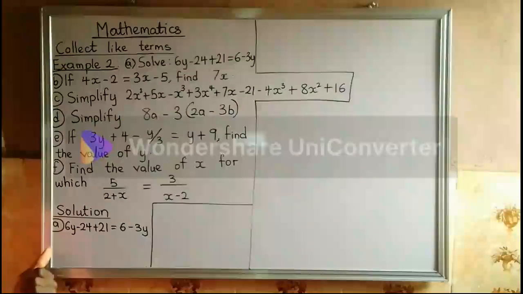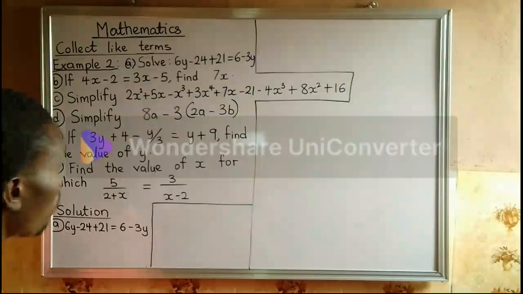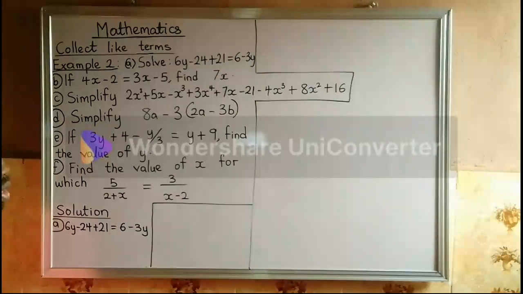Example 2a, the question says solve 6y minus 24 plus 21 equals 6 minus 3y. Is it right to apply the principle of collecting the like terms here, or should we start from dividing both sides by something?